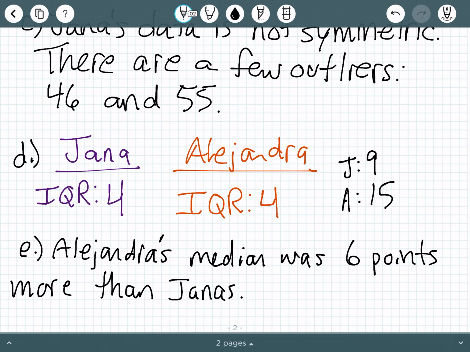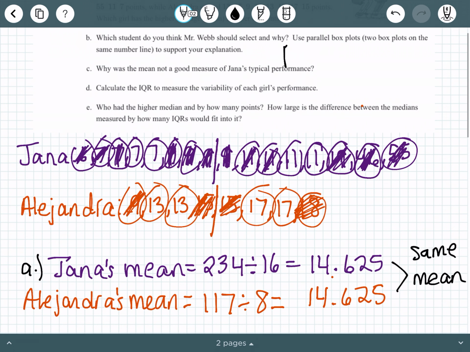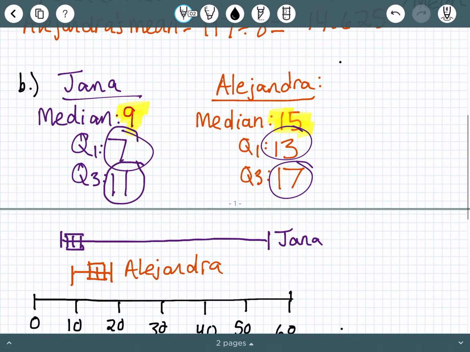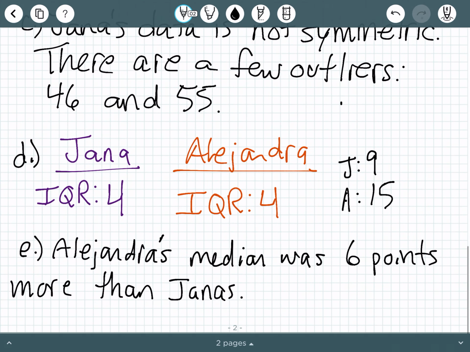Let's see exactly what it said now. How large is the difference between medians if we are measuring by how many interquartile ranges would fit into it? So what this means is we're going to take a look at both girls' medians.